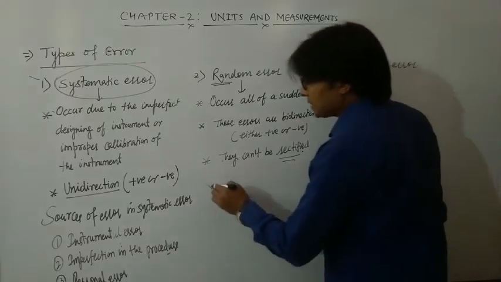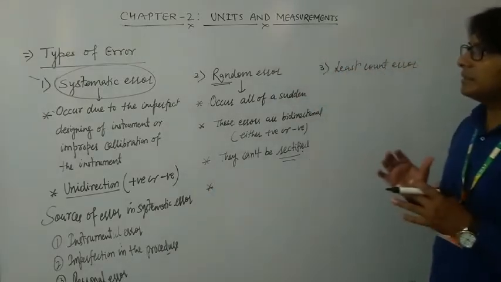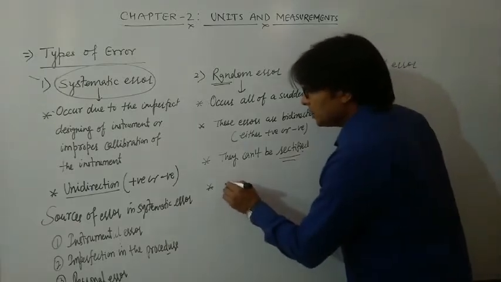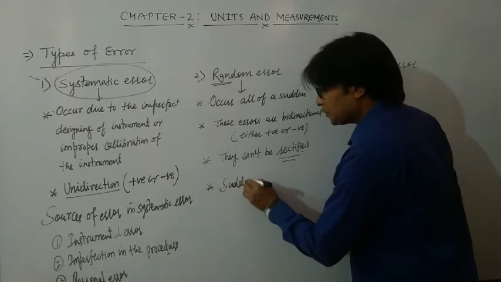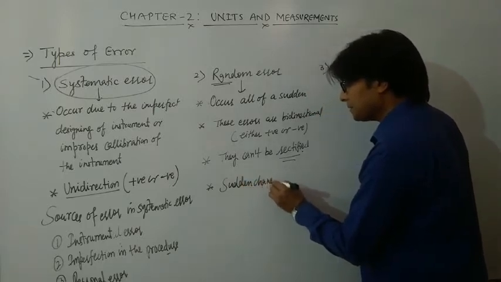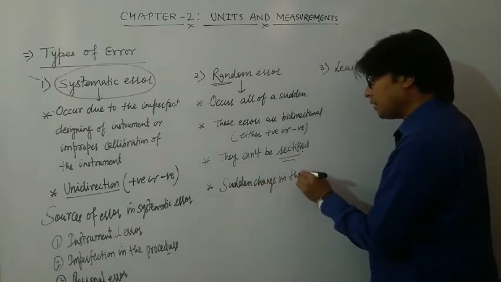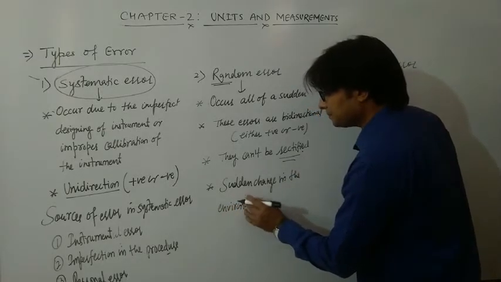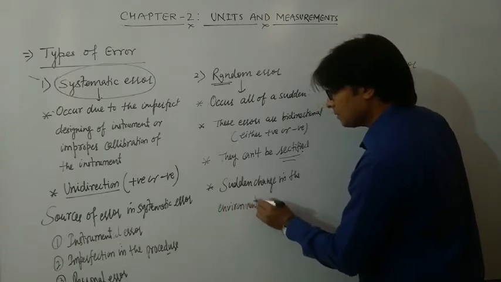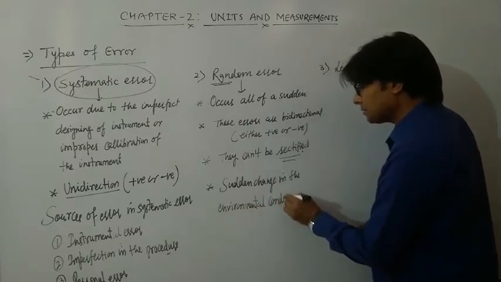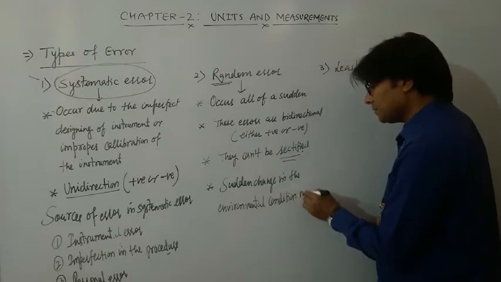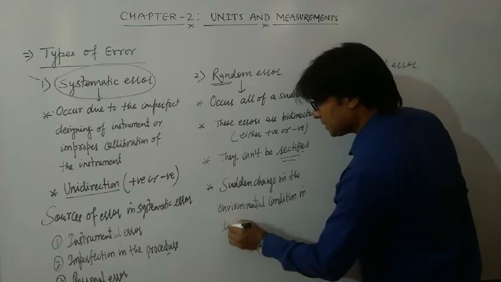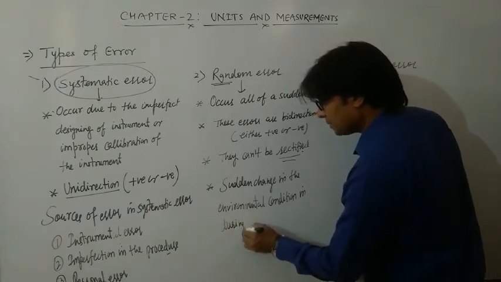Now the question comes: what is the reason behind random error occurring? The reason is sudden change in the environmental conditions during the measurement.